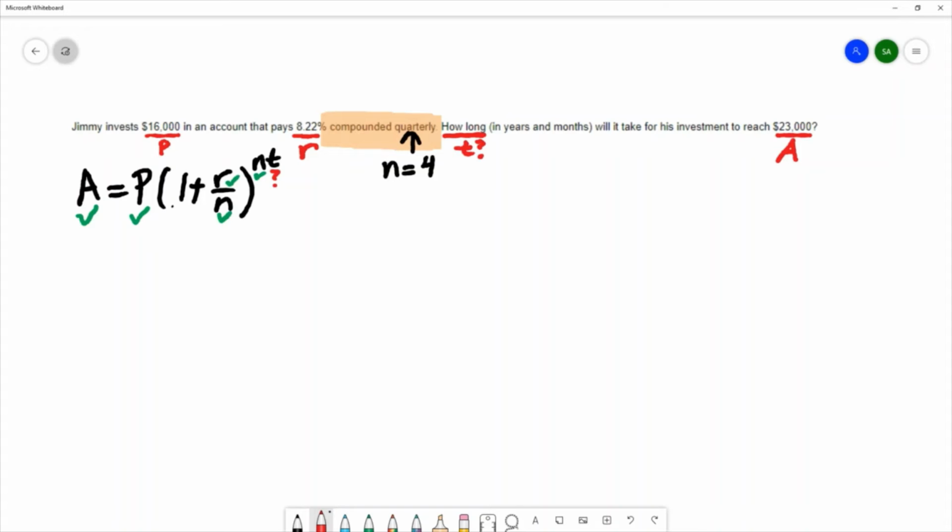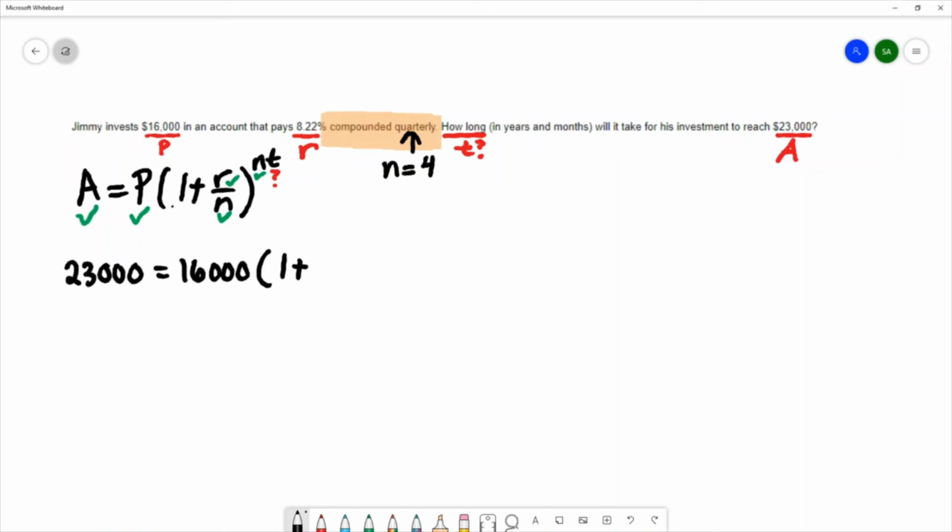So I have all of the variables except for the one I'm looking for, and I'll be able to solve this equation for that variable. So I'll make those substitutions to get $23,000 equals $16,000 times 1 plus R. R is the interest rate.